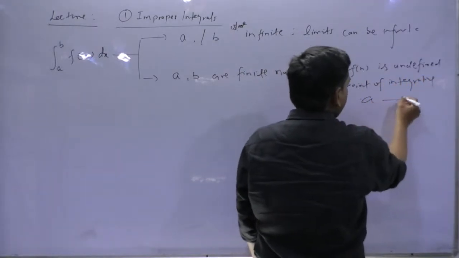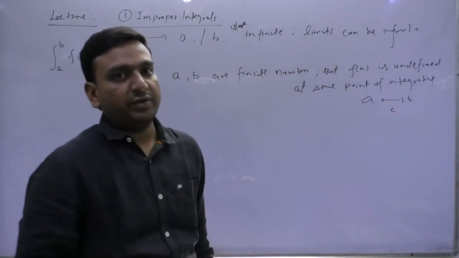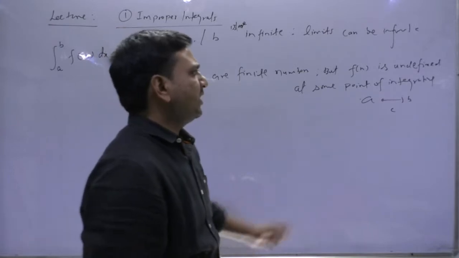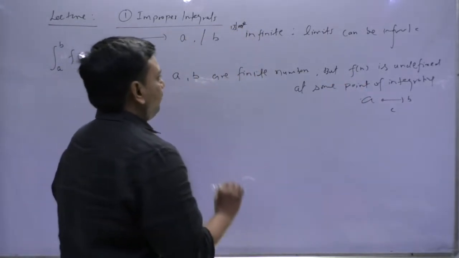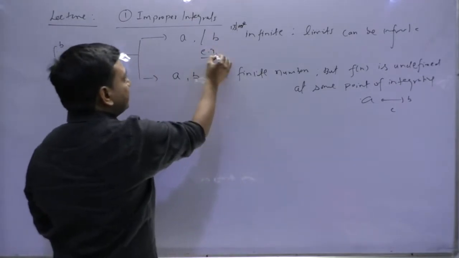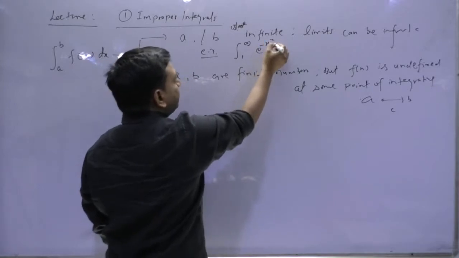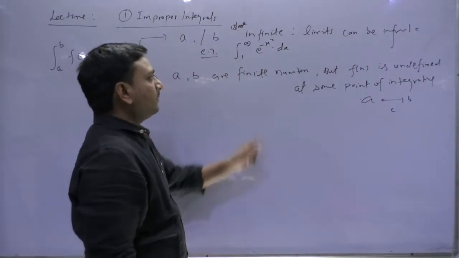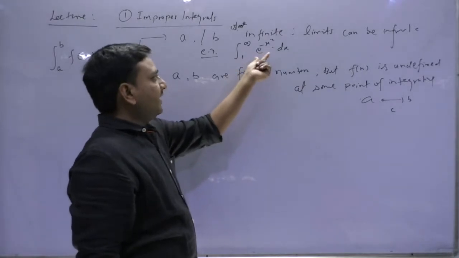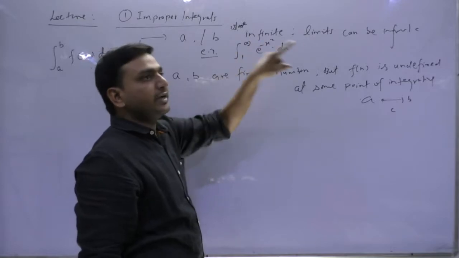Since your limit is a to b, suppose that there is some point c in between; there may be more than one point also at which this function f of x is undefined. So for example, let's say we are discussing 1 to infinity e raised to the power minus x square. The integrand e raised to power minus infinity will tend to 0.